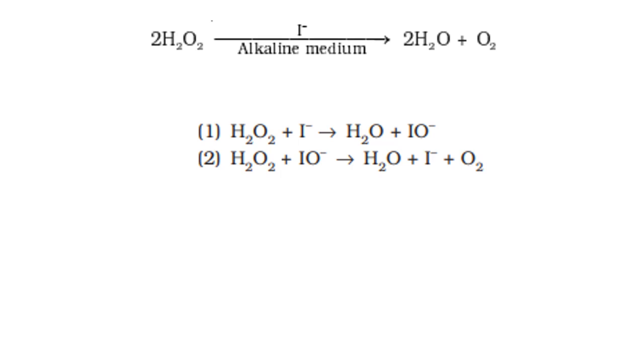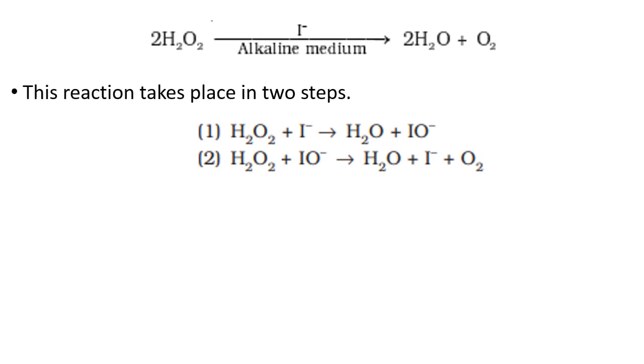But actually, this reaction takes place in two steps. In the first step, H2O2 reacts with I minus to form H2O and IO minus. In the second step, H2O2 reacts with IO minus to form H2O plus I minus plus O2.